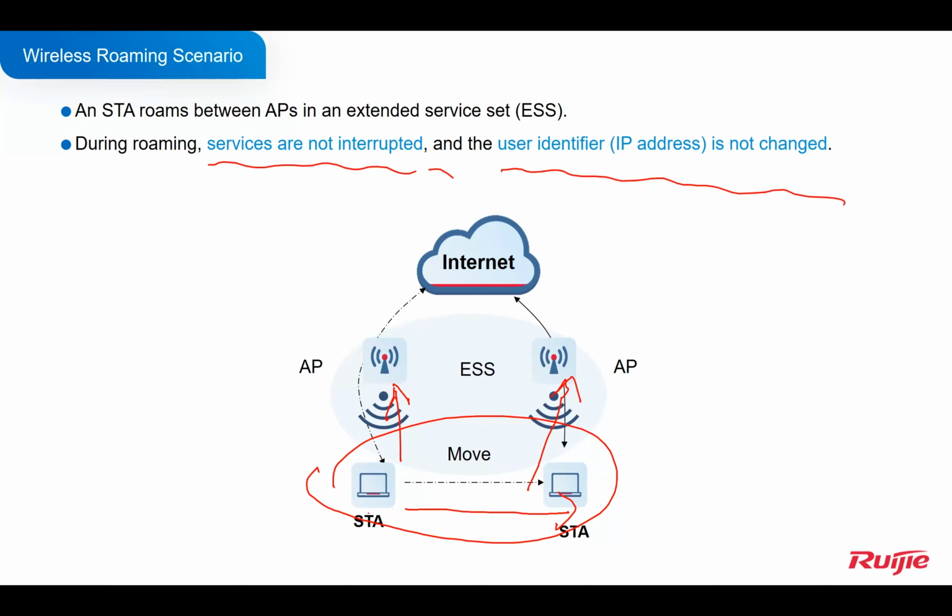This means from the beginning the STA IP address is 111.1.1.1, and then we move to another place, and AP2 provides the SSID service to the STA, and the IP address doesn't change. So this means the roaming is successful.